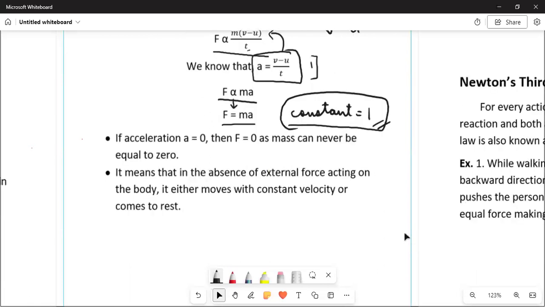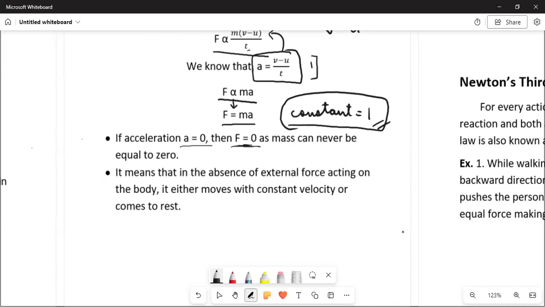Okay, now see, there are some points related to the concept of force. It says that if acceleration is equal to 0, our force will be equal to 0, as mass can never be equal to 0. If we are applying a force on anything, then that thing will have some or the other mass.